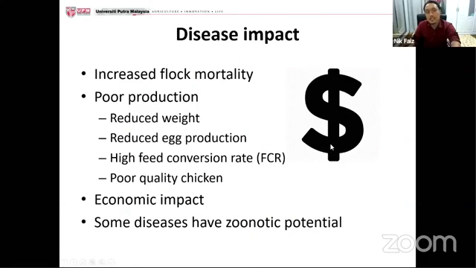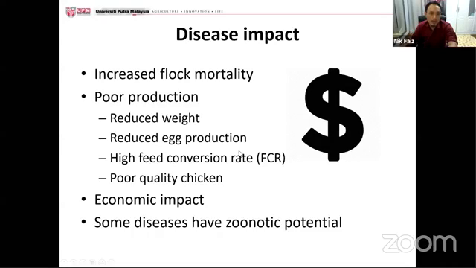All these diseases have a lot of impact on the poultry industry. As you may know, the poultry industry is one of the biggest livestock industries in the world. When disease affects the flocks, it increases flock mortality and leads to poor production due to reduced weight, reduced egg production, especially for layers, high feed conversion ratio in broilers, and poor quality chickens in general.